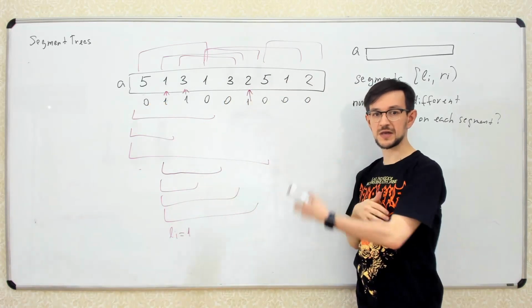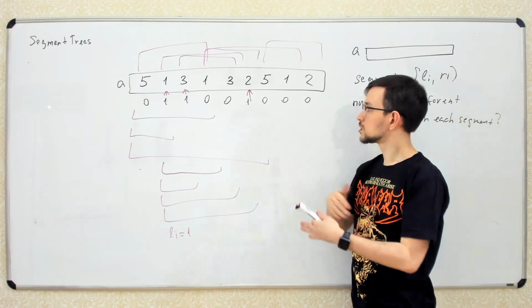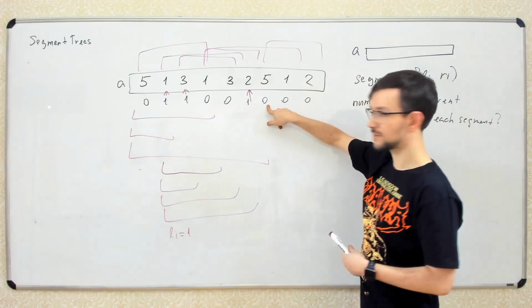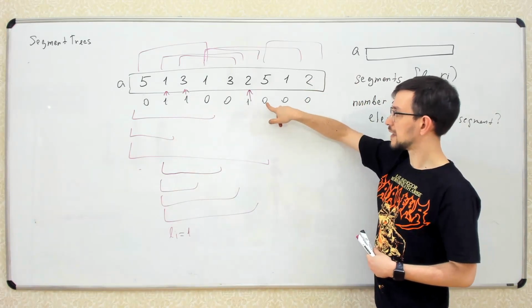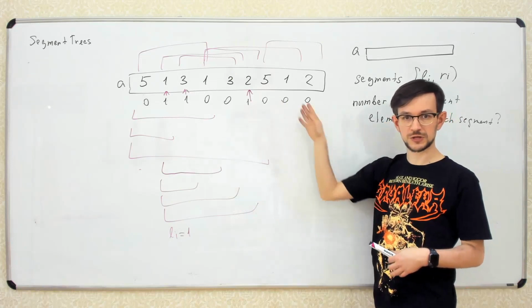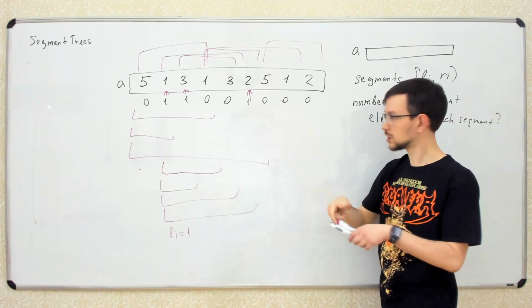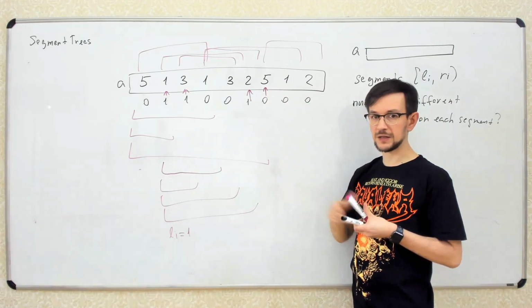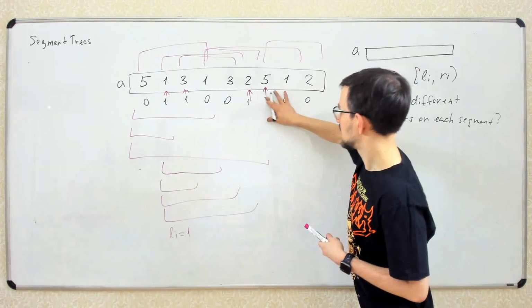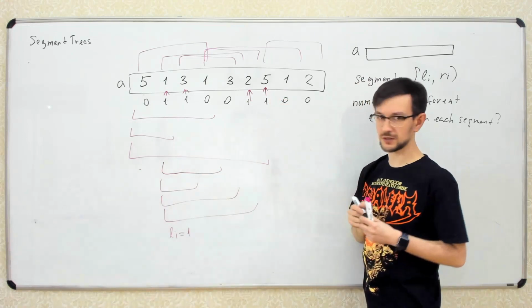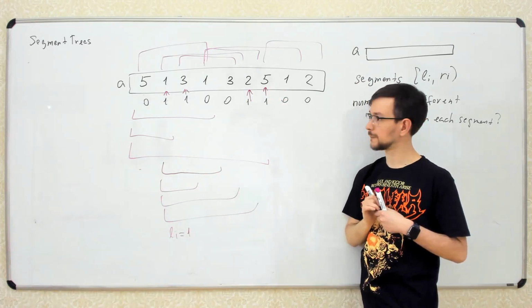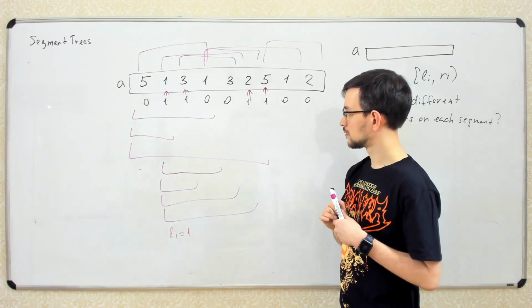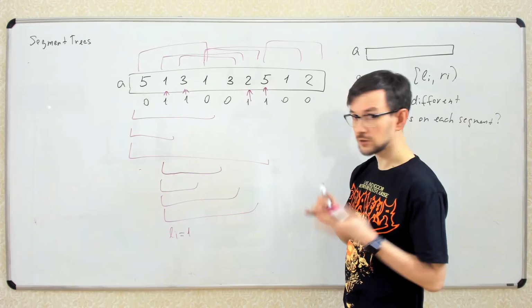Now we find the next equal element. So we find the next element 5, and now this element is the leftmost element inside our segment. So we take this 5 and add it as the leftmost element. That's all.